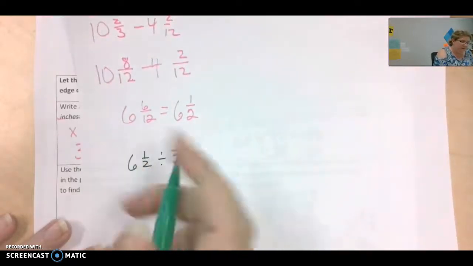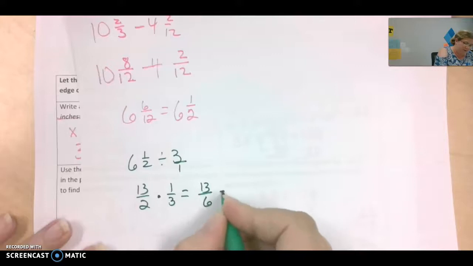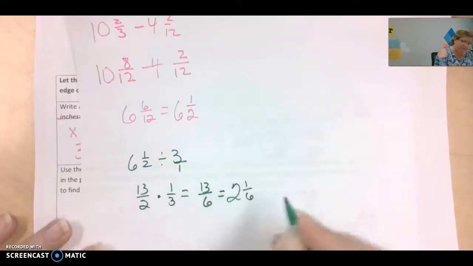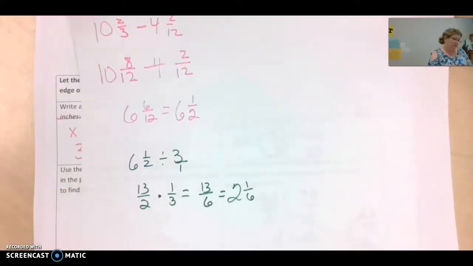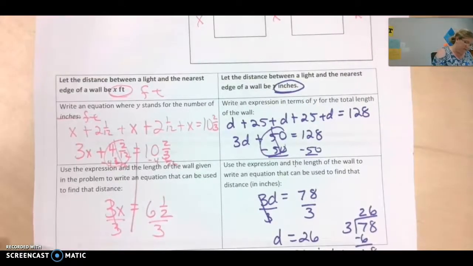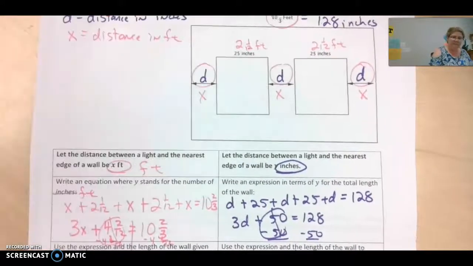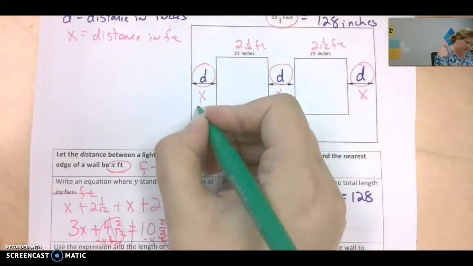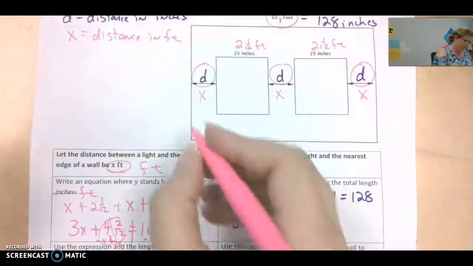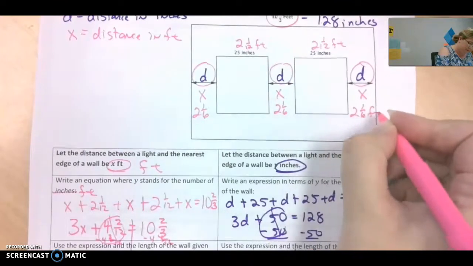So I need to rewrite this as 13 halves times 1/3. 13 over 6, which is 2, with 1 out of 6 left. So this is my distance in feet, 2 and 1/6 feet. Okay. So I'm going to write that with my pink, 2 and 1/6. I'm going to put feet.